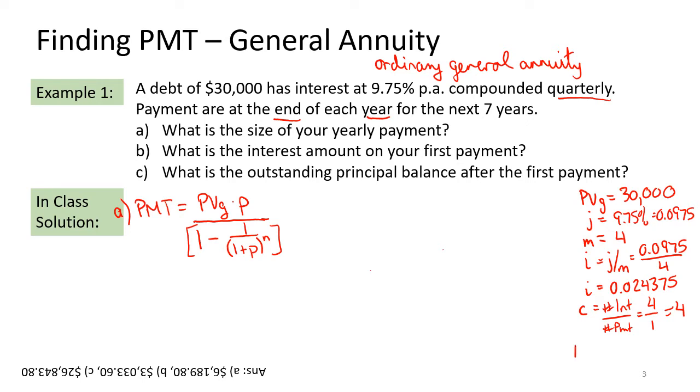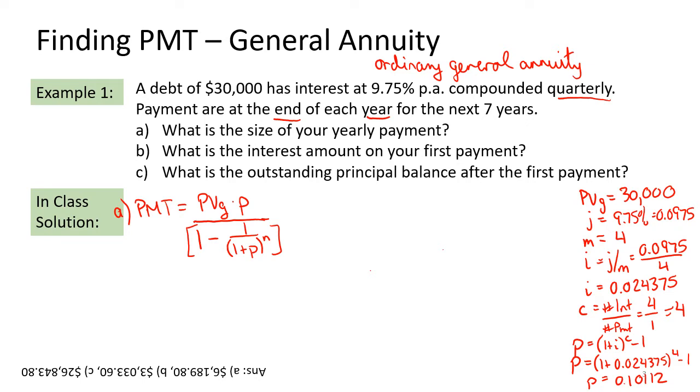So this gives you our equivalent rate of interest P is 1 plus I to the exponent C minus 1, or in this case, it's 1 plus 0.024375 to the exponent 4 minus 1. So our value for P comes out to 0.10112. Okay, and I'm running out of space, so I'm going to put this up top.